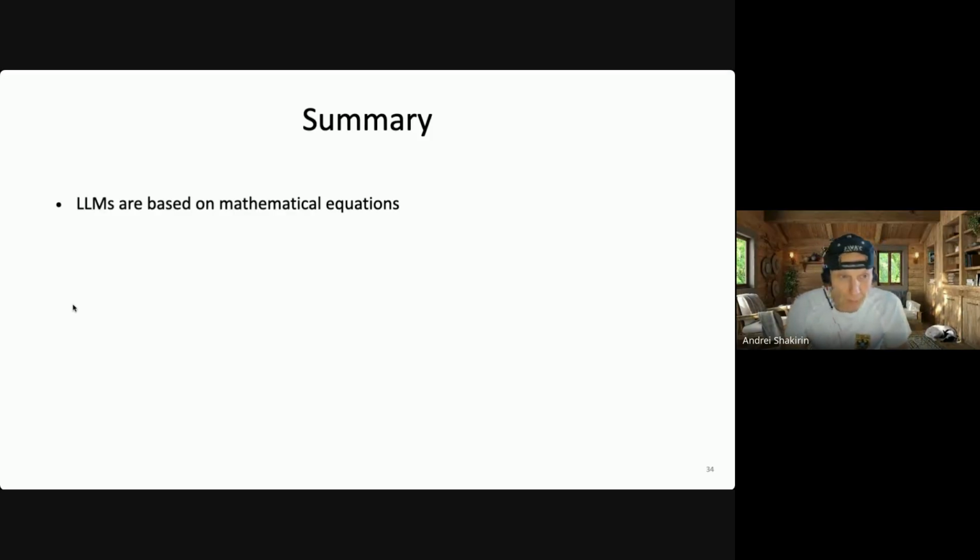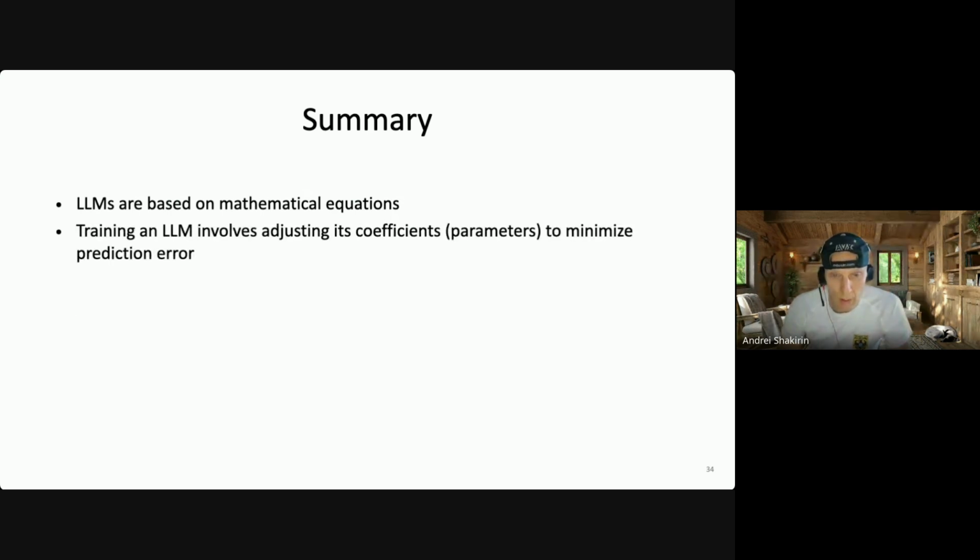Summary. What are LLMs? LLMs are just mathematical expressions that are not very complex. Depending on the model, they are based on matrices and vector operations, and the training process of the model is a process of adjusting these parameters, these weights, that are part of the equations.